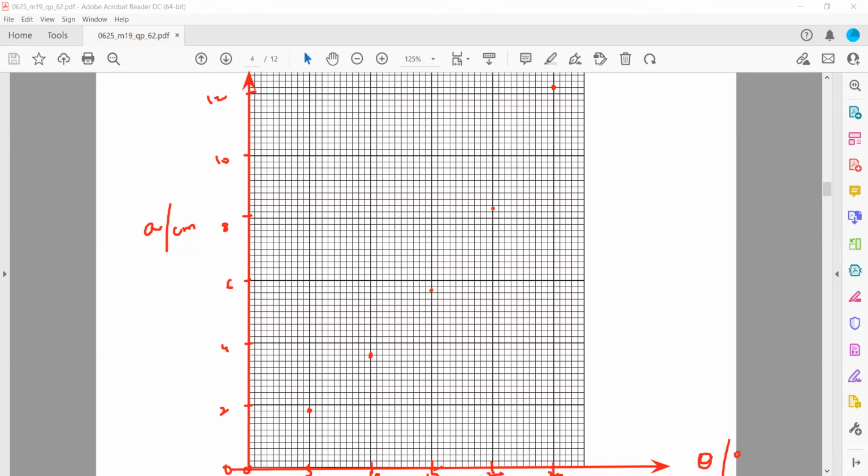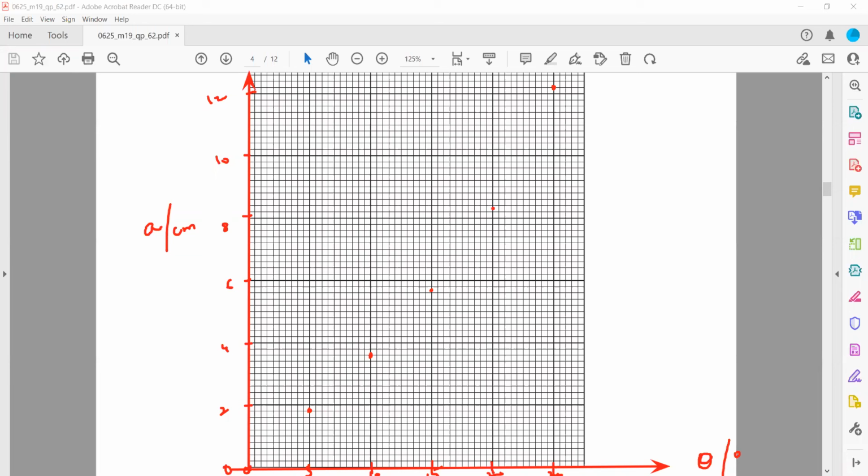If I try to draw a best fit straight line, the number of points above and below should be the same, but we cannot have a best fit straight line. So we have to identify whether we should draw a straight line or it might be a curve.